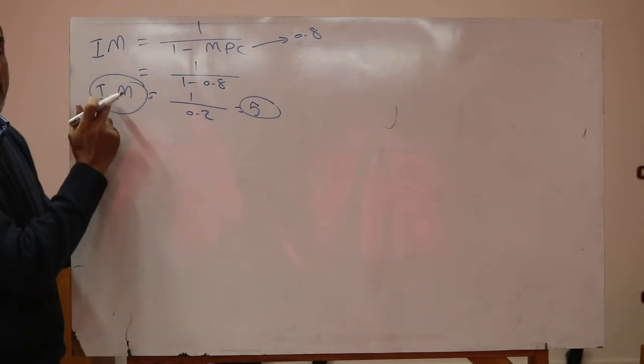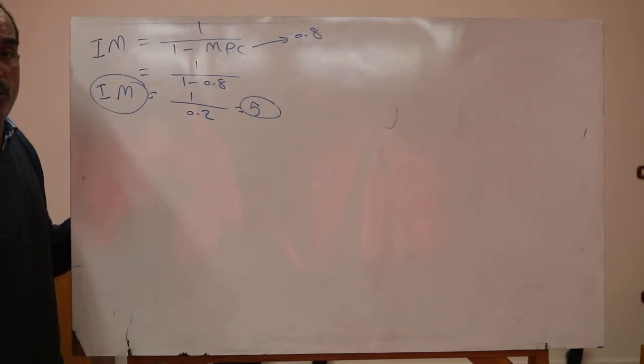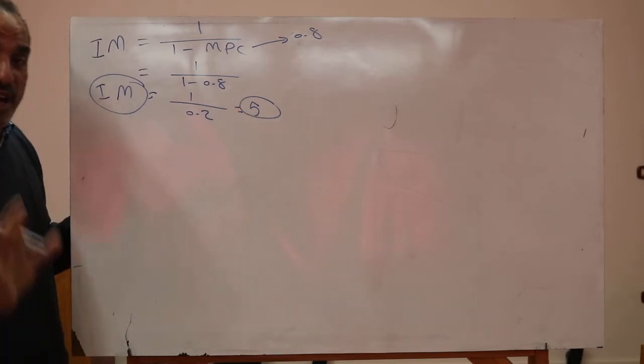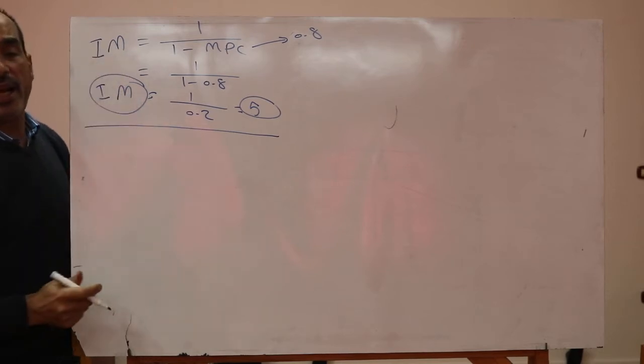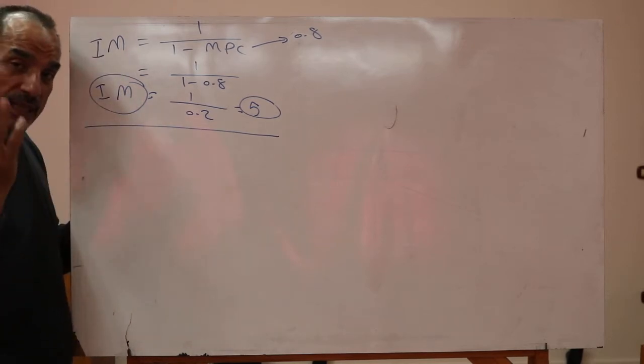When we increase the investment by $1 million, the national income increases by $5 million. Okay, this is the investment multiplier.